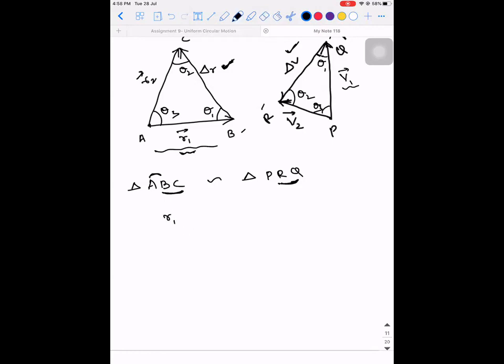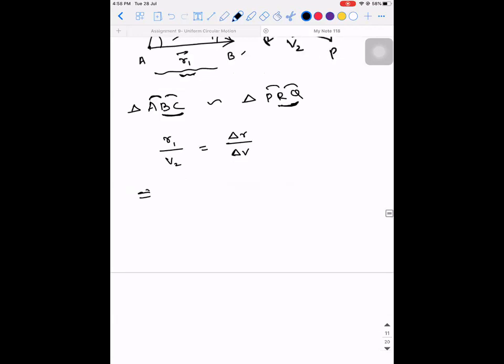AB is R1, divided by what is PR? V2. V2 is equal to what is BC? Delta R, divided by RQ, which is delta V. So delta V divided by V2 is equal to delta R divided by R1. Can I write it like this? Is it clear?